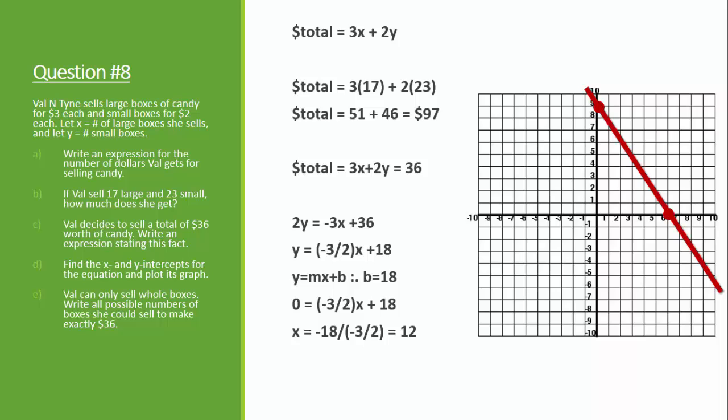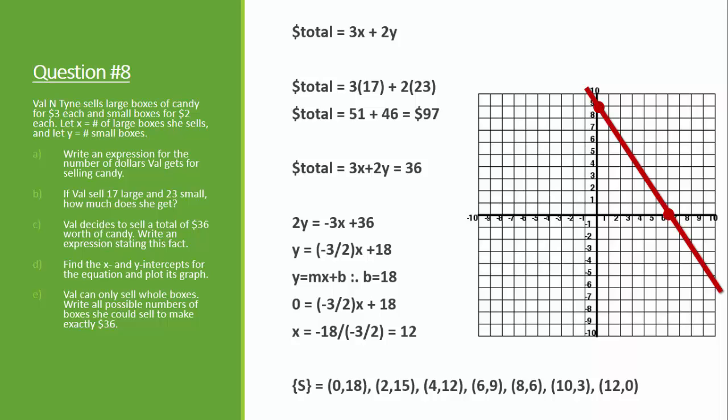You can also do it mathematically, and I'll go ahead and show you the different combinations. So our solution set for all the possible sales that she could make to get $36: she could sell no large boxes and only sell 18 small boxes. If she sells 18 small boxes, she makes $36 only on small boxes.